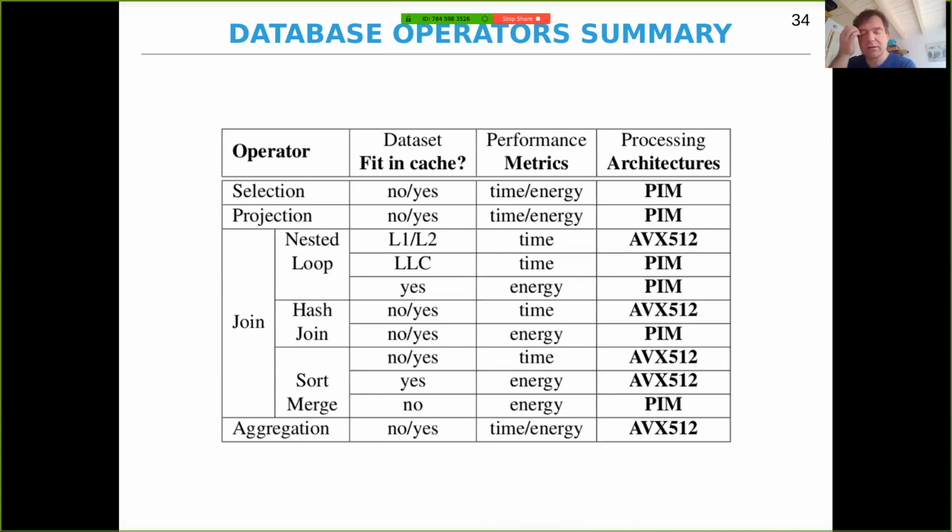Because you need exclusive access to a vault and to a bank to do this. Actually, you have to do exclusive access to the registers of the processor. We have to lock the register to do the operations, and then we can release it for another operation.